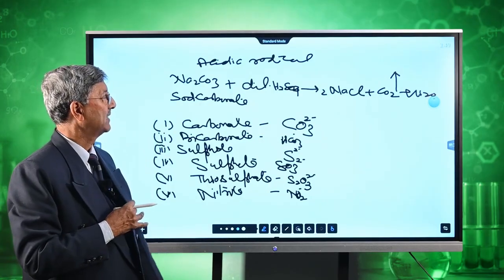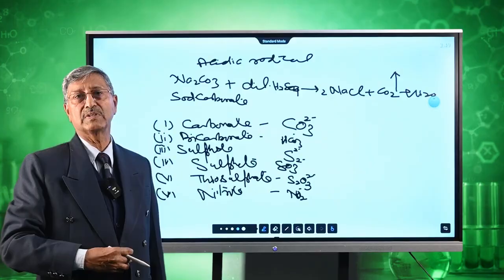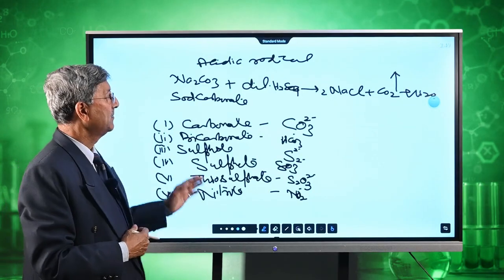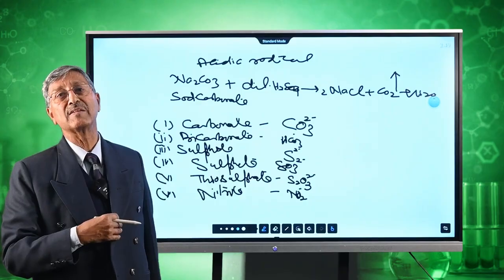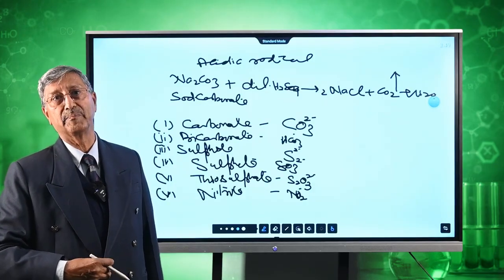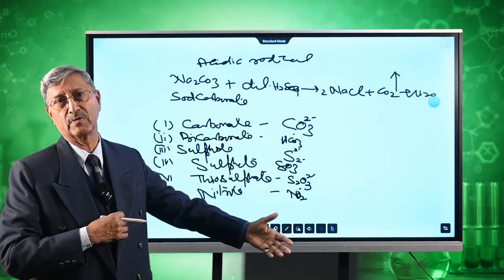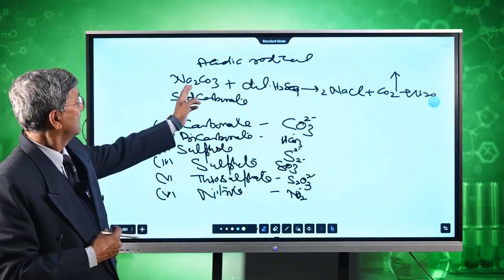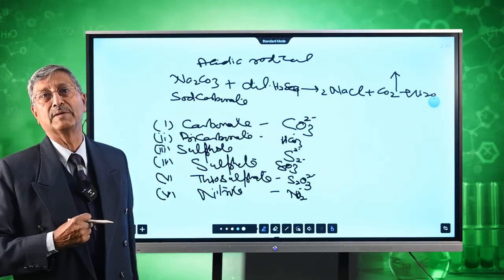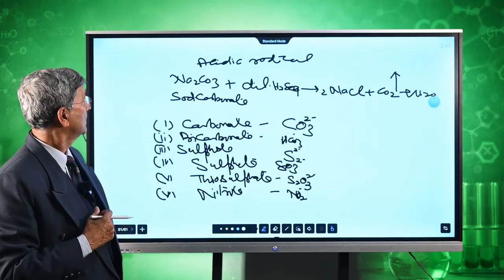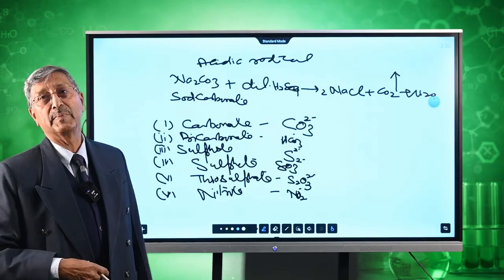The physical sign is that carbon dioxide is a gas which has no smell and no color. And the test is, when we pass this gas through freshly prepared lime water, it turns milky. I'm not giving equations now, just an indication that in this case carbon dioxide gas will be evolved. Then we test, and we may come to know that carbonate may be there.